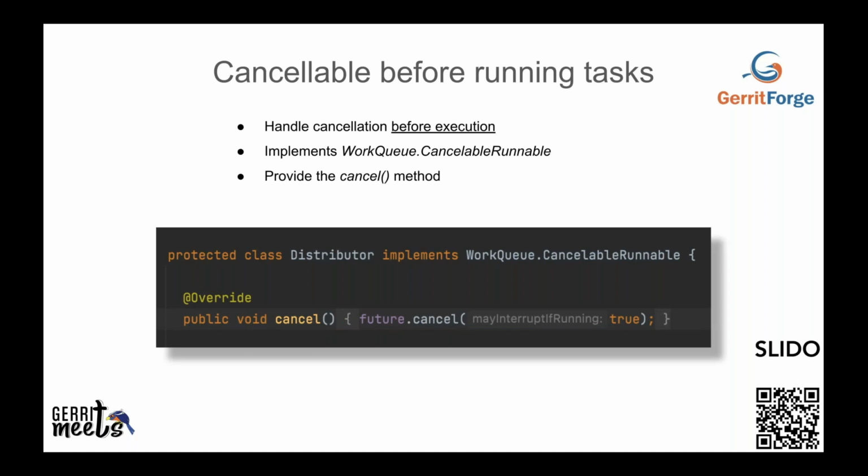This is like the easy approach, because if you have a task that is waiting in the queue, you can just decide to kill it before it gets started. Very likely there are no resources to be cleaned up because the task hasn't started, and then basically you can just remove that task from the execution. So in that case, it will be in the blocking queue that we've seen before, and it will not be executed at all.